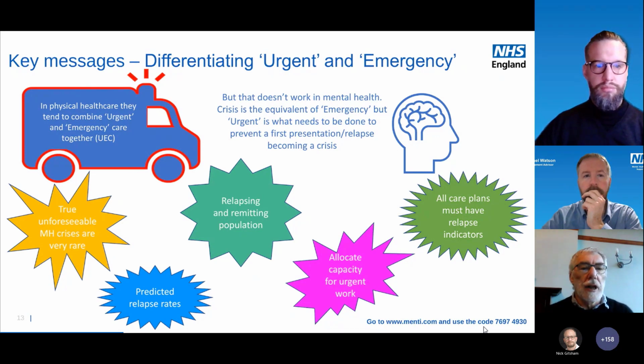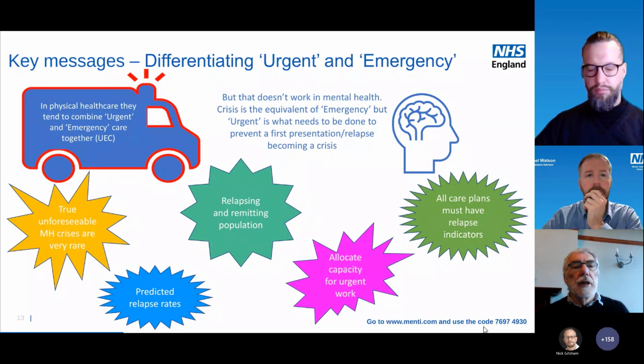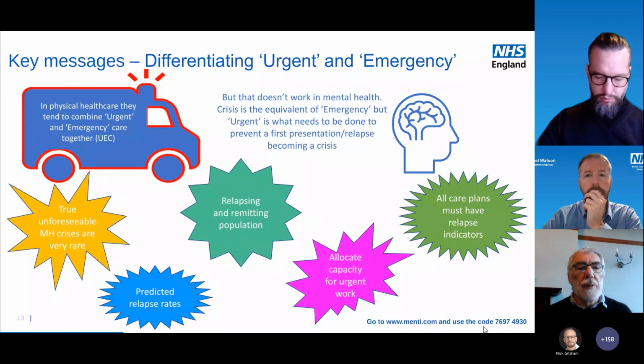So the whole model that GIRF is promoting in terms of mental health pathways is easy in, easy out. In order to do that, we have to break up what's currently in many teams a huge logjam where people can't get in and can't get out. And that also then leads to problems when people start to relapse, and we're dealing with people with relapsing remitting illnesses, so we can predict that relapses are going to occur.